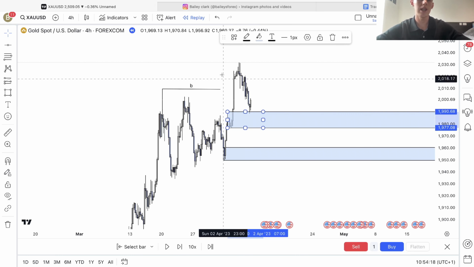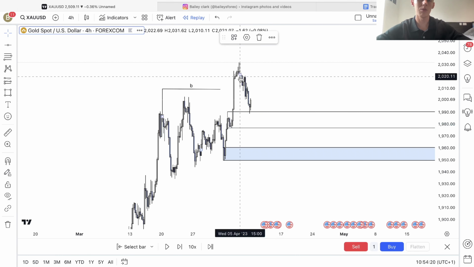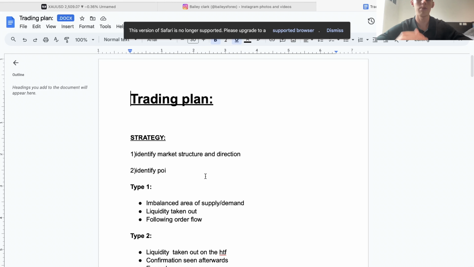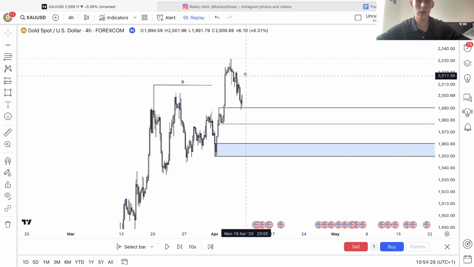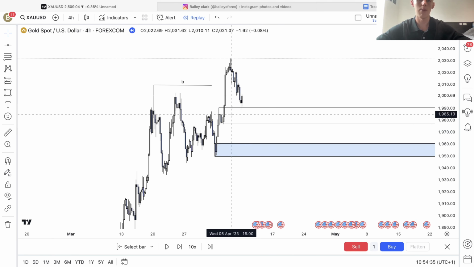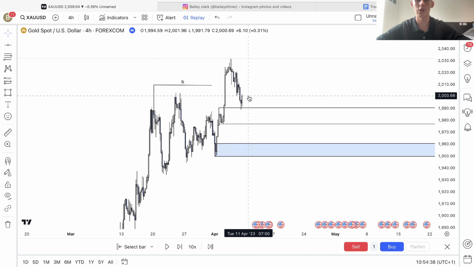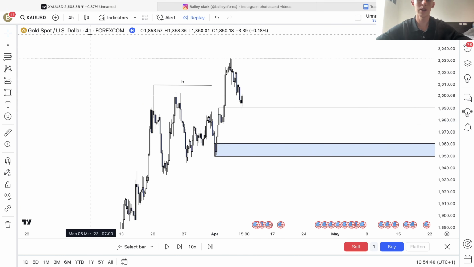And this is basically the reason why we use the confirmation entry, because we're waiting to see how price reacts rather than just predicting the reaction. Because it could have also happened that price simply melted straight through this level, and we were trying to predict price going bullish at this level, when in actuality price may want to continue lower.